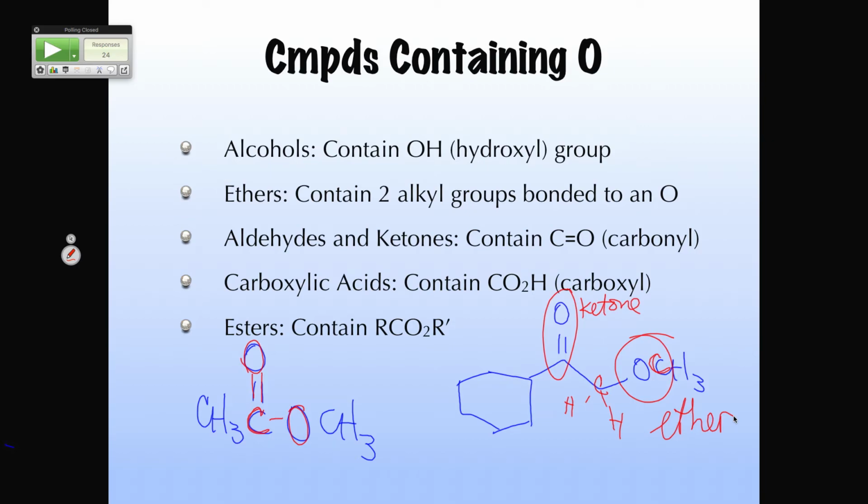Yeah, but like the alkyl group in the ether definition. You have this one and you have that one. You happen to have another functional group in there. You can have multiple functional groups in a compound.